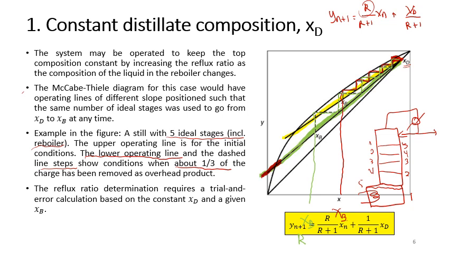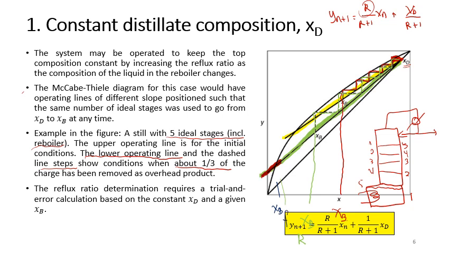ROL has changed. So you repeat changing the value of R until you reach the value of XB that you desire. Let's say you want to do the distillation until you get this value of XB final.